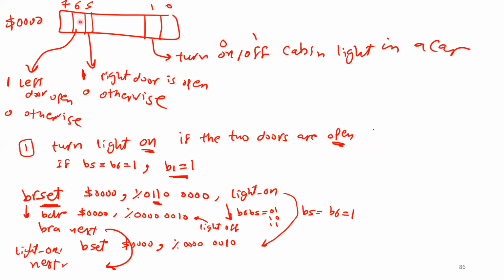Bit number 6 is 1 if the left door is open, otherwise it is 0. Bit number 5 tells you if the right door is open or closed. If it's 1, it means open, 0 means closed. So you need to check these two bits to know if the door is open or closed, and then based on that, make a decision to turn the light on or off.